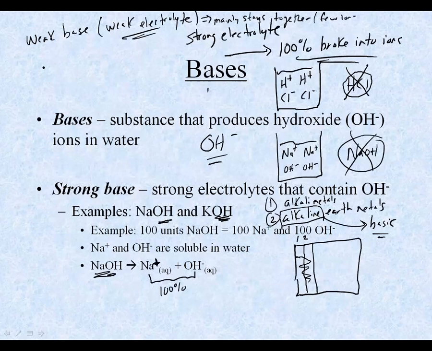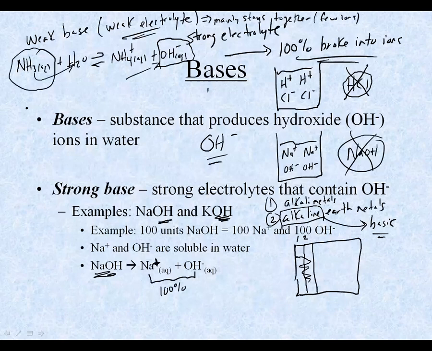So when we take something like NH3 and it's in water, what it will actually produce is NH4 plus and OH minus. So when something like ammonia, which is NH3, is in water, it is able to produce hydroxide. So it is still considered a base.